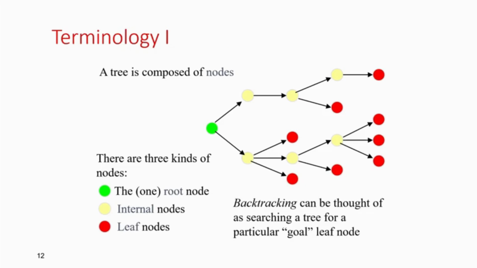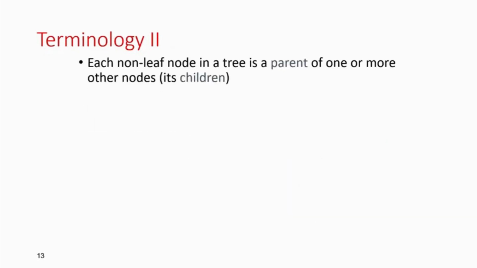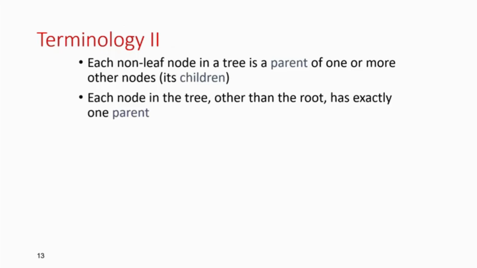So backtracking can be thought of as searching a tree for a particular goal leaf node, right? Each non-leaf node in a tree is a parent of one or more other nodes, its children. Each node in a tree, other than the root, has exactly one parent, so we can easily backtrack to the parent.